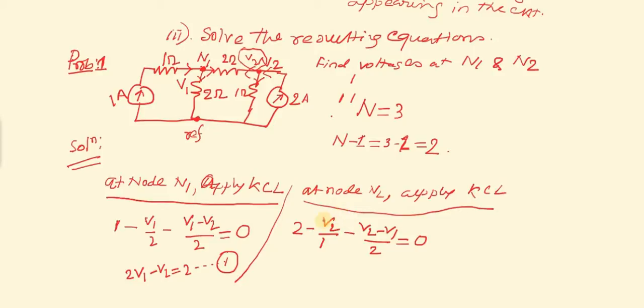So once again I have written the KCL law, that is the algebraic sum of current at node 2. Now once again solve it.